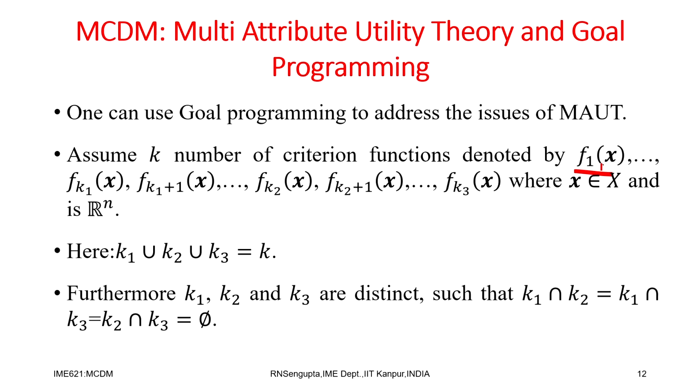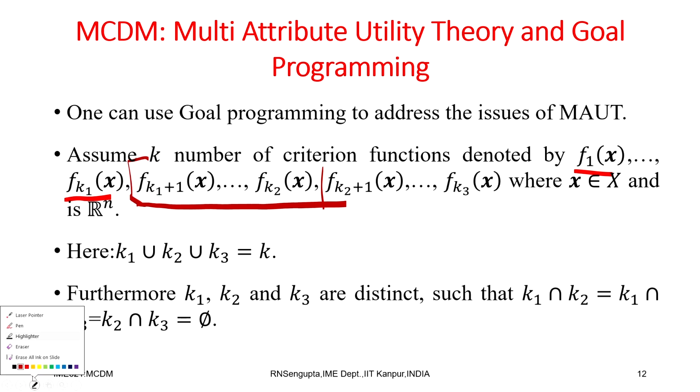So, I consider the first set from f1 to fk1, k suffix 1. The second one, I will use a different color, is from fk1 plus 1 to fk2.